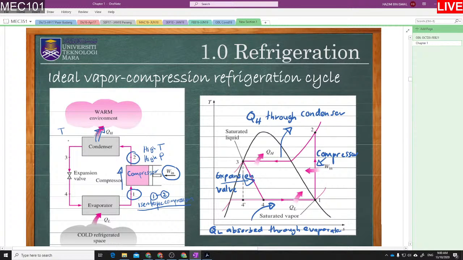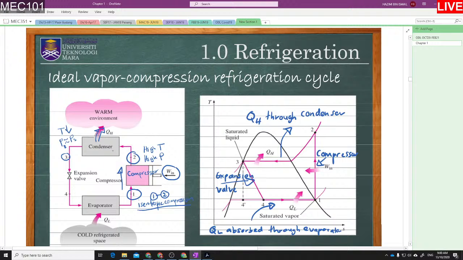After the condenser at state 3, the temperature is reduced. The pressure is the same, but in real life it will drop slightly. So at state 3 we have low temperature but the same pressure as state 2.